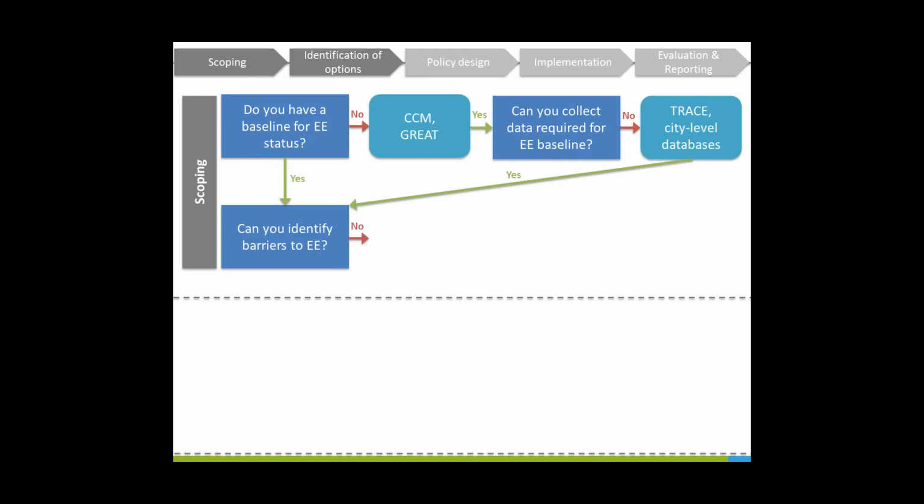If the barriers cannot be easily identified, we suggest a number of sources which can provide an overview of potential barriers to energy efficiency. For example, the Driving Transformation report by WRI or the IPCC chapter on buildings, the IEA Governance Handbook, and other information sources.